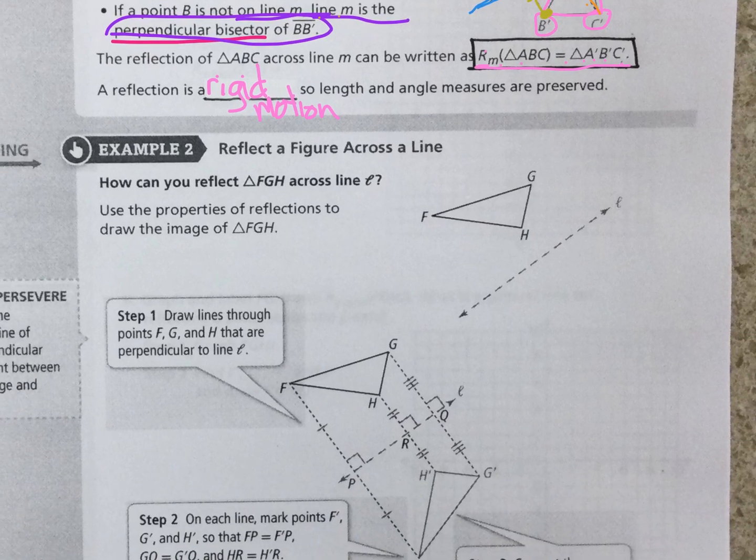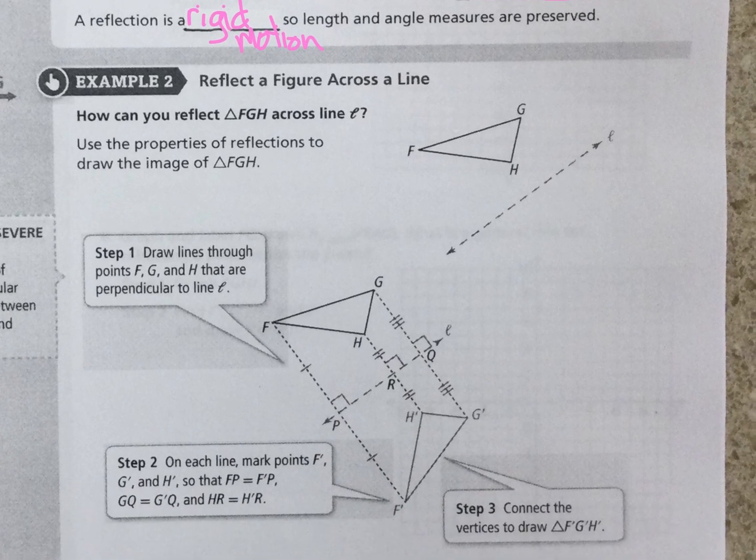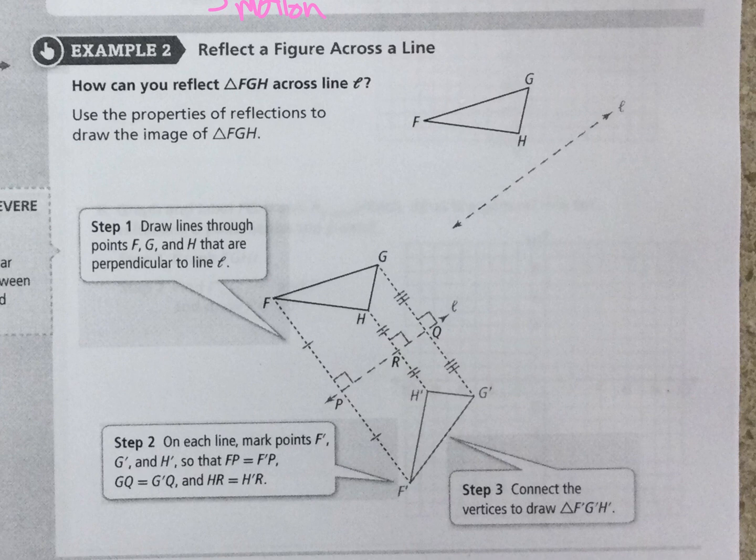Okay, so how can you reflect a triangle across? Well, here's my line of reflection, line L. So H, I would find out how far away this is, and I would need it to be the same over here.